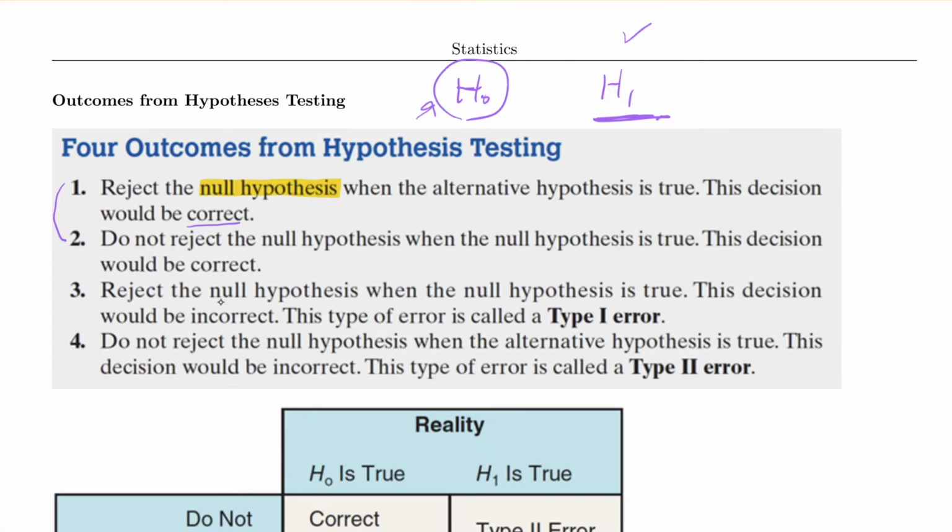When we reject the null hypothesis, H naught, when it was actually true, which we want to avoid, that error is called a type 1 error. And another way is when we don't reject H naught when the alternative is actually true, and that is also incorrect. That type of error is called a type 2 error.